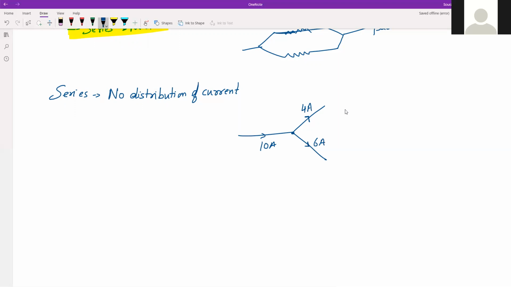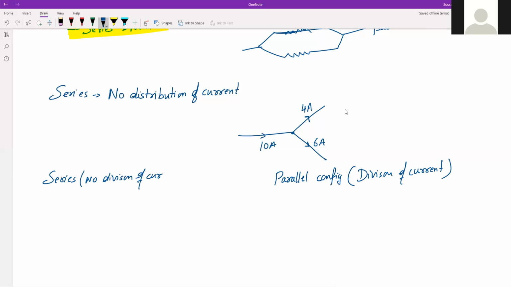So current is divided. Whenever current is divided, there is a possibility of a parallel configuration. And if there is no division, then that is series. Series means no division of current or no branching.